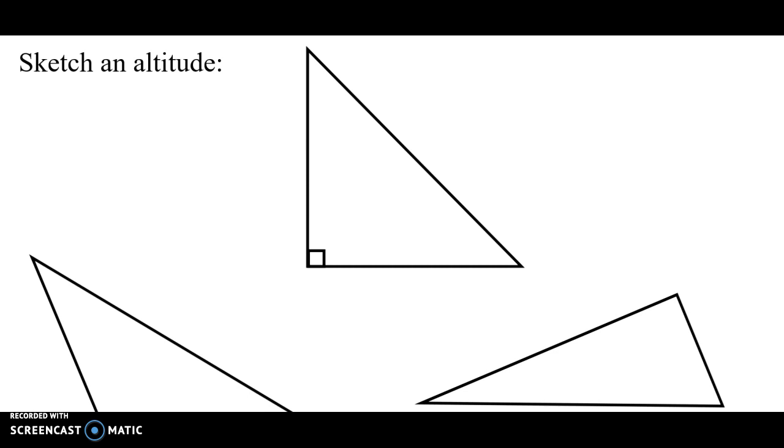The top vertex. To the bottom vertex. So what could we say about this altitude? It's a 90-degree angle, and it's actually one of the sides, right? The altitude was actually one of the sides, because this would be the height of that triangle, right? Like if I asked you, how tall is that mountain, you'd get a really long measuring tape, and you'd go up the mountain, and that's how tall it is, okay?